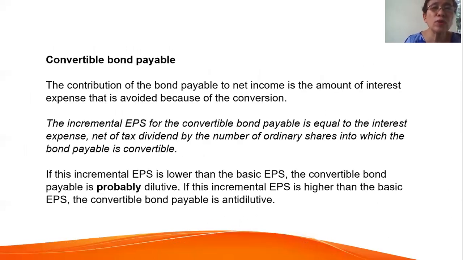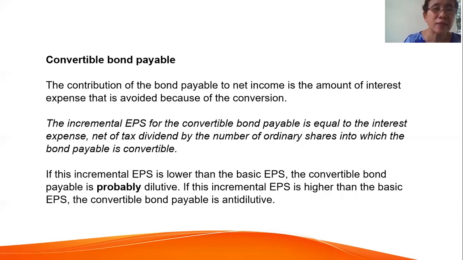For the convertible bonds payable, the contribution to net income is the amount of interest expense that is avoided because of the conversion. The incremental EPS for the convertible bonds payable is equal to the interest expense net of tax divided by the number of ordinary shares into which the bonds payable is convertible.